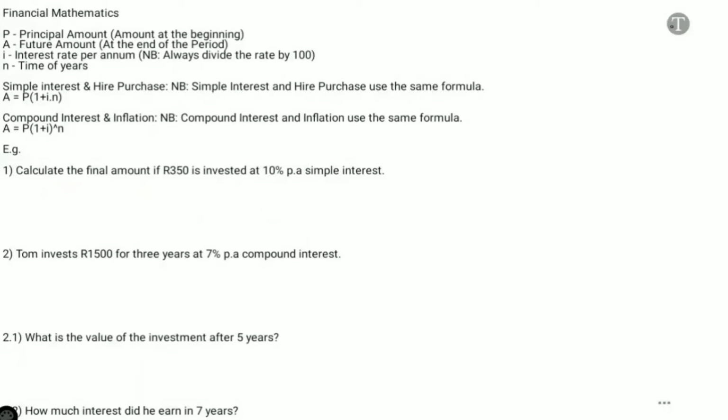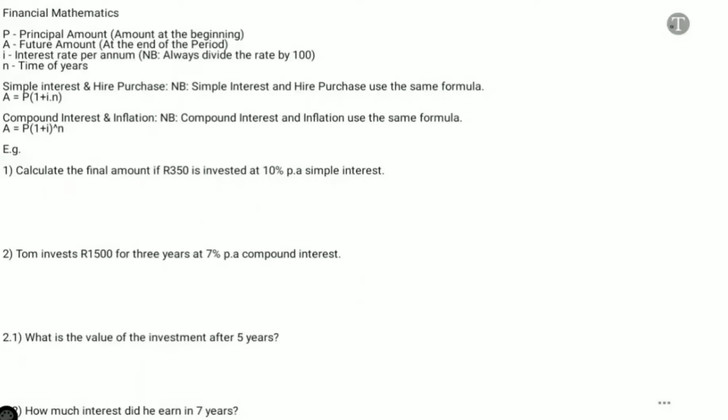If you had 7%, you'd divide 7 by 100 and insert 0.07 into your formula. Then the last one is N, which is time in years, or just the number of years. That's basically what PAIN means.